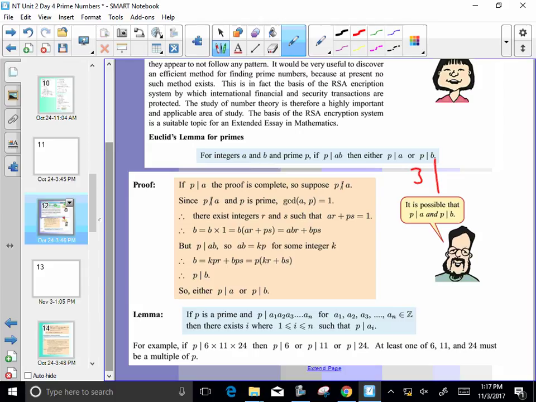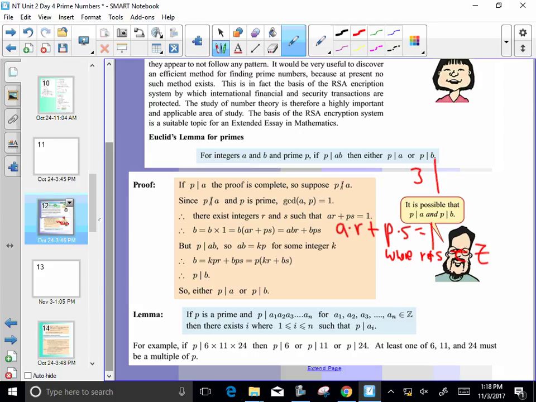The linear equation for that, a times an integer r, plus p times s, is equal to 1. That's your linear equation from the GCD, where r and s are elements of the integers.